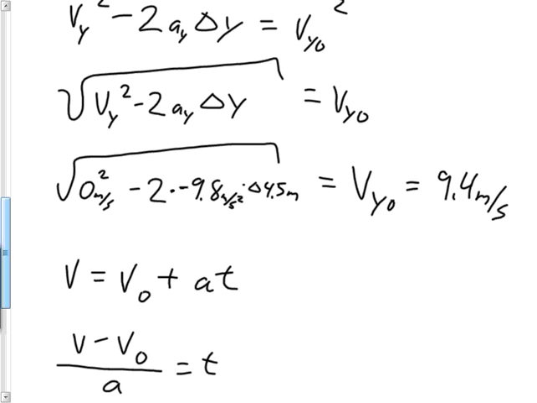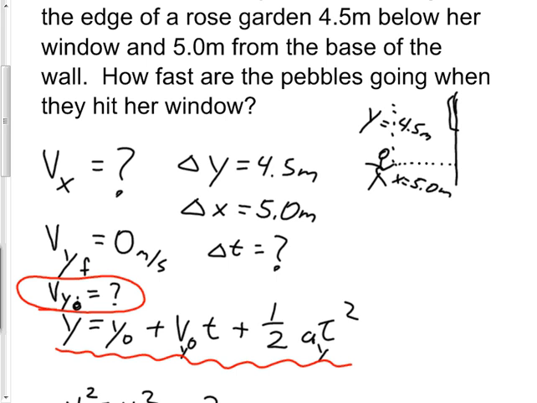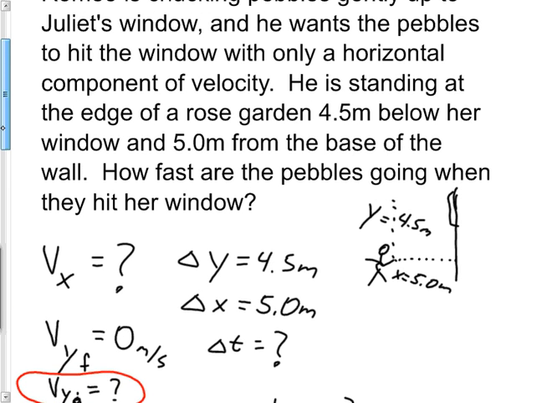So here's a recap of what I want you guys to keep track of. First off, whenever you see a problem, go ahead and just write down everything you know and the things that you think you might want to know or that could be useful to know. Sometimes they will give you information that you absolutely will just never need. For example, the rose garden. It's kind of a lame example, but sometimes you'll get some quantities of values that you just will not need. But go ahead and write those things down.